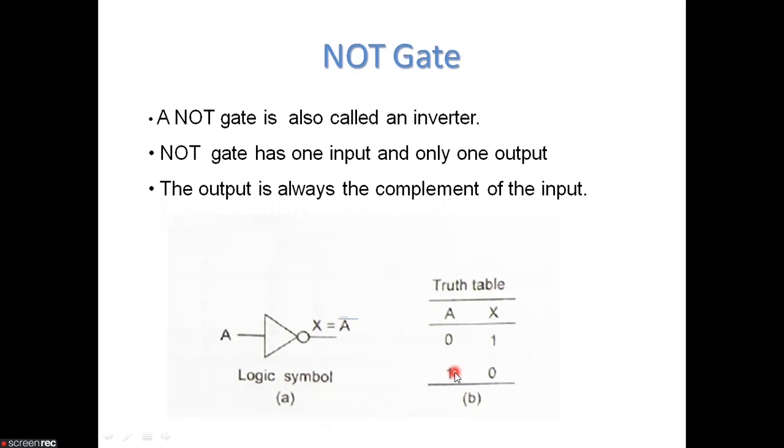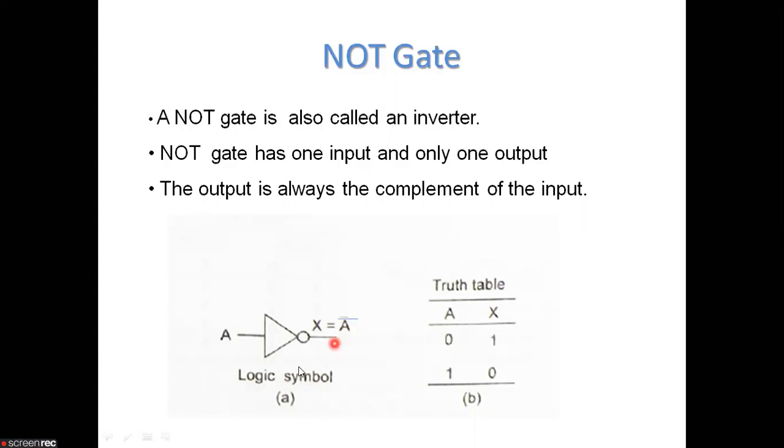That is, it is a device whose output is always the complement of the input. This is the Boolean expression of the inverter: x equals a bar, where a is the input. The output is always the complement of the input.